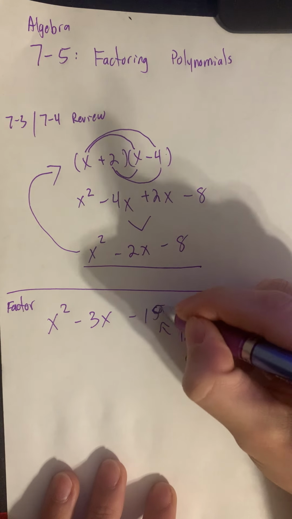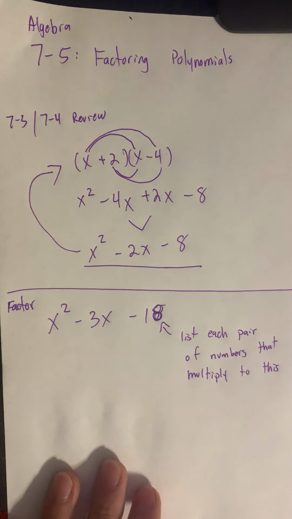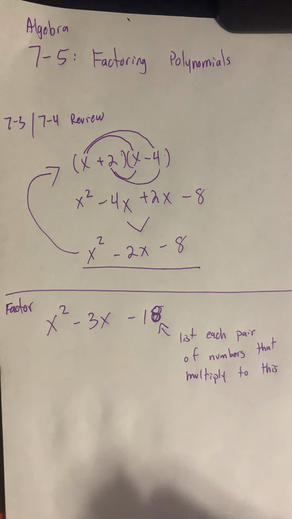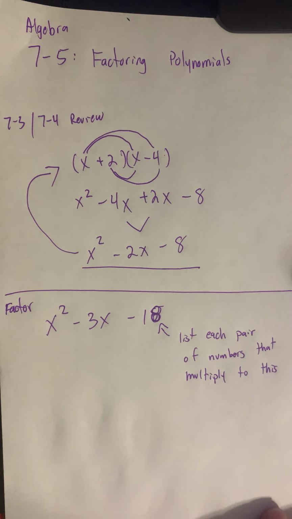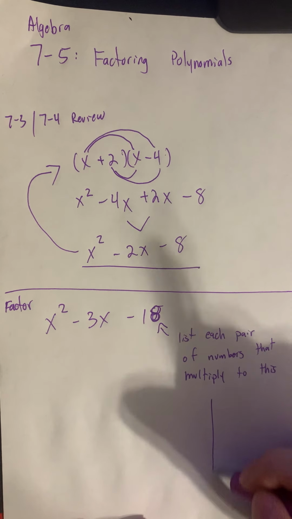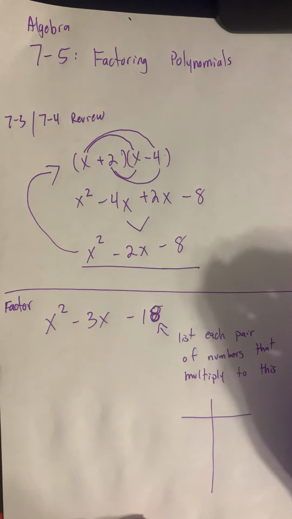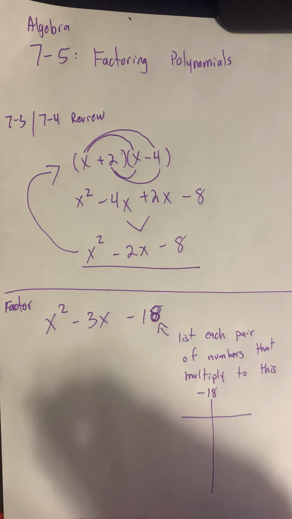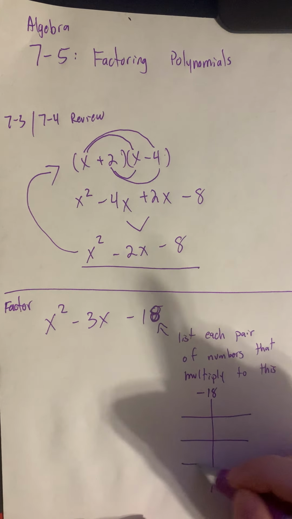Or, sorry, there should have been an 18 here. All right, so now let's list each pair of numbers that multiply up to negative 18. I'm going to make a table right here. I'm just going to put negative 18 on top because that's what we want to get.